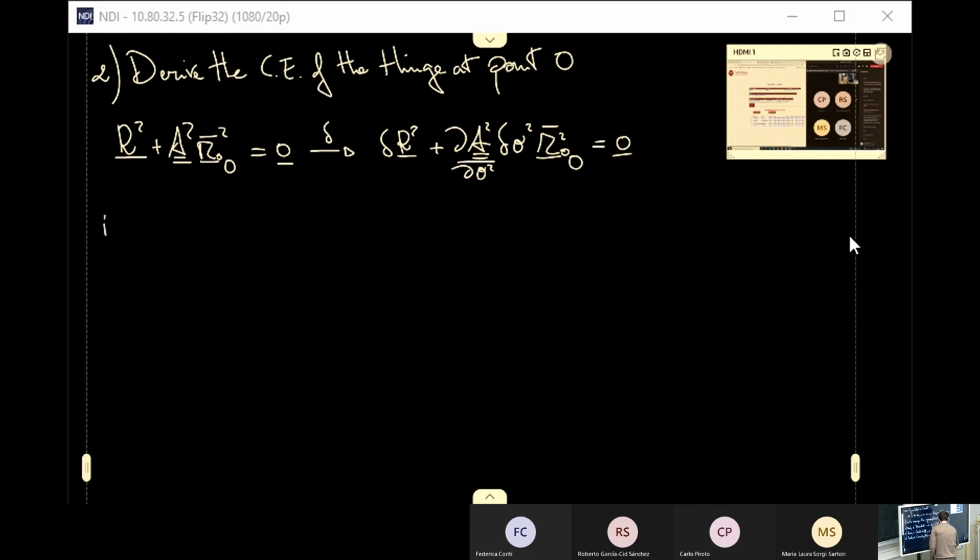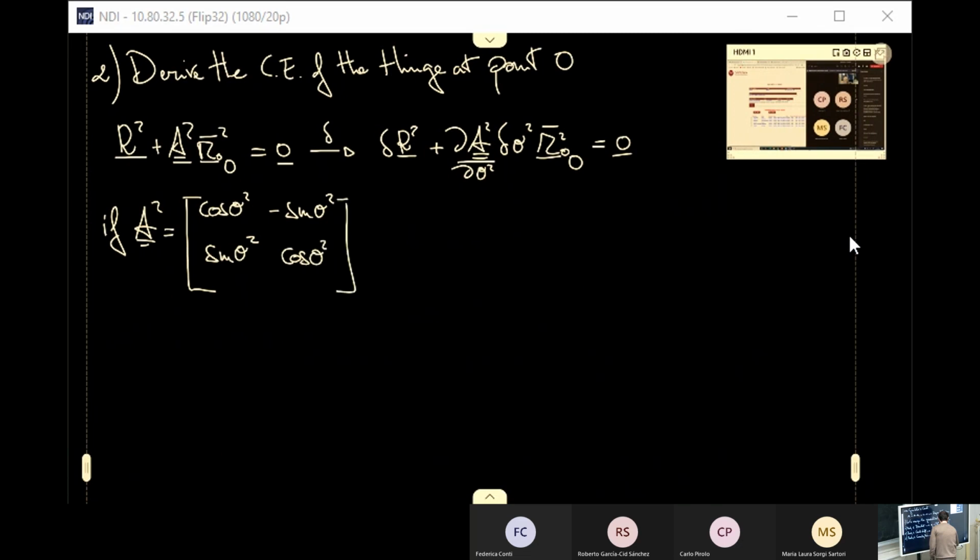Okay, now let's calculate. A2, we already saw this rotation matrix in the 2D plane, is something of this sort. This is also denoted as A2 theta, typically written as A2 with a subscript theta, which denotes the derivative with respect to theta.